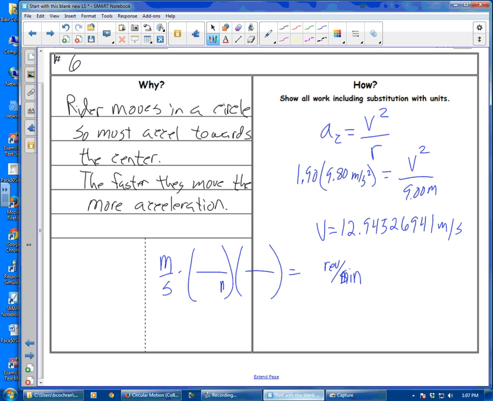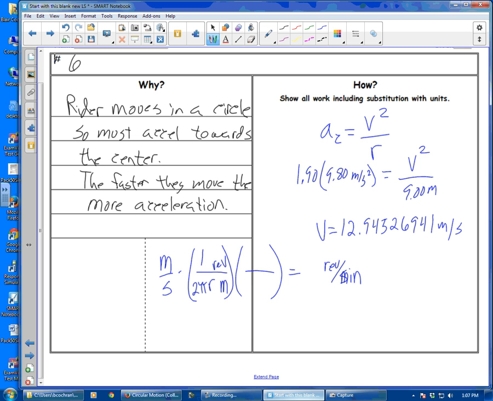So I'm going to put meters on the bottom and revolutions on the top. Anyone remember what's the relationship between a revolution around a circle and the linear distance around a circle? Right. In one revolution, you go 2 pi r, the circumference. To go around a circle once, the length is 2 pi r, depending upon the radius of your circle. Right?